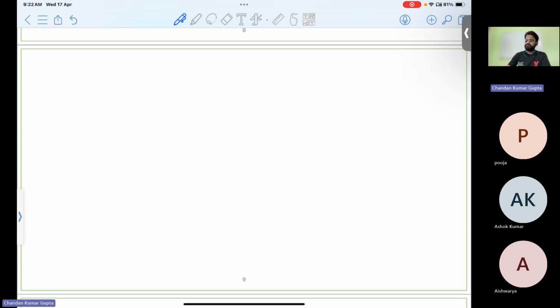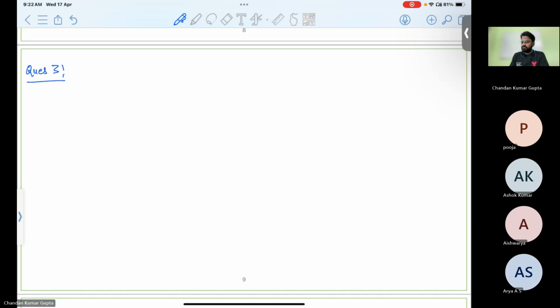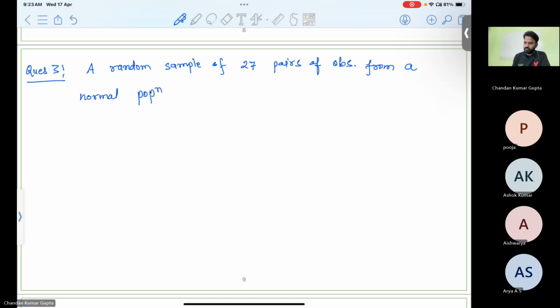The next question is like, a random sample of 27 pairs of observations from a normal population gives a correlation coefficient of 0.42.